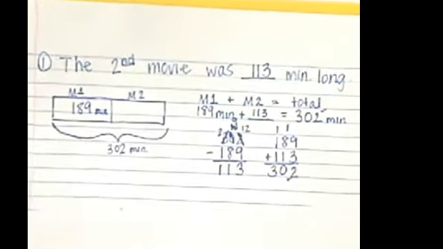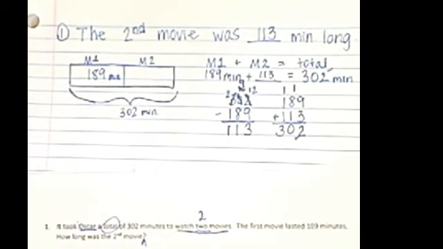Okay, it looks like, let me just write bigger and I'll use a marker instead. Maybe that will help a little bit with the fuzziness.